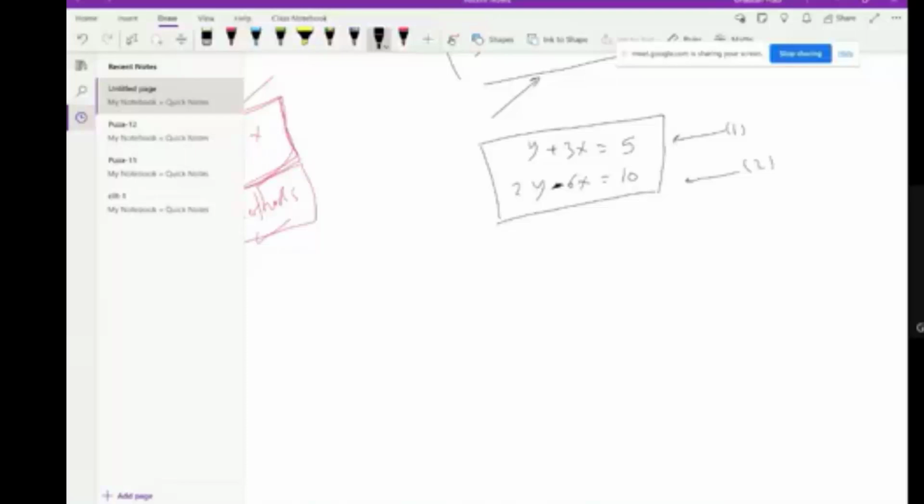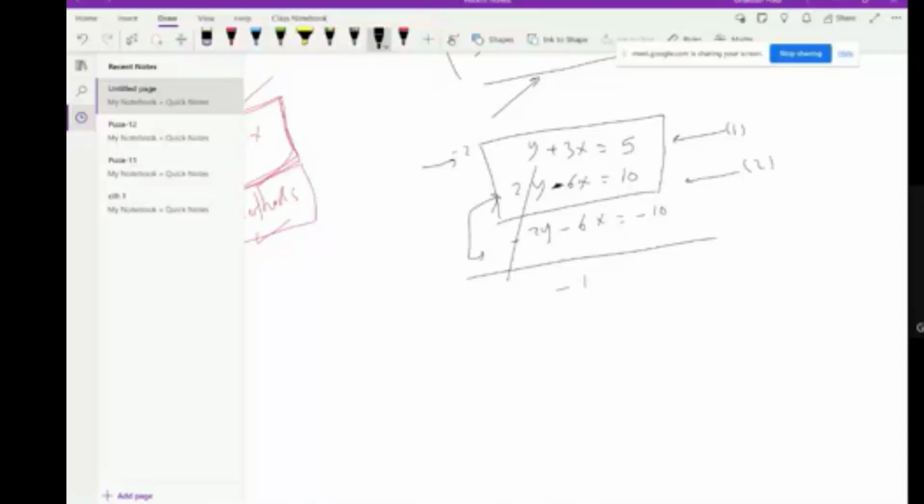If I want to solve this, for example, I have to multiply this by minus 2. It will be minus 2y minus 6x equals minus 10. And to solve this, I add this equation. This will be 0.